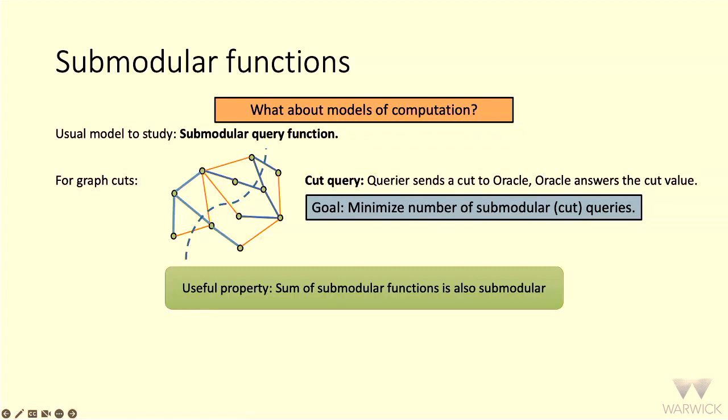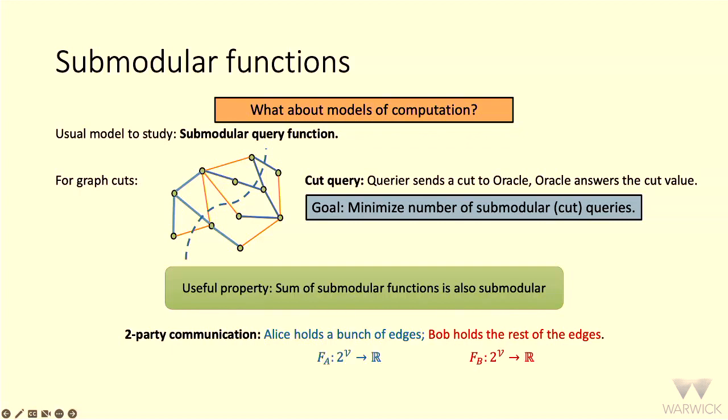One of the useful properties to note for submodular functions is that if you have two submodular functions and you add them up, that also remains submodular. And that gives us the idea of thinking of this problem in a two-party communication model as well, in the following way. So think of a graph. Some bunch of edges is given to Alice. The rest of it is given to Bob, and this is like a balanced distribution.